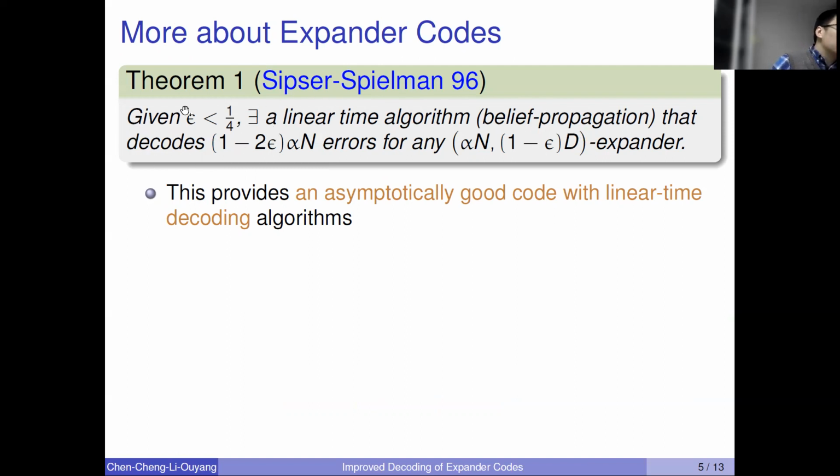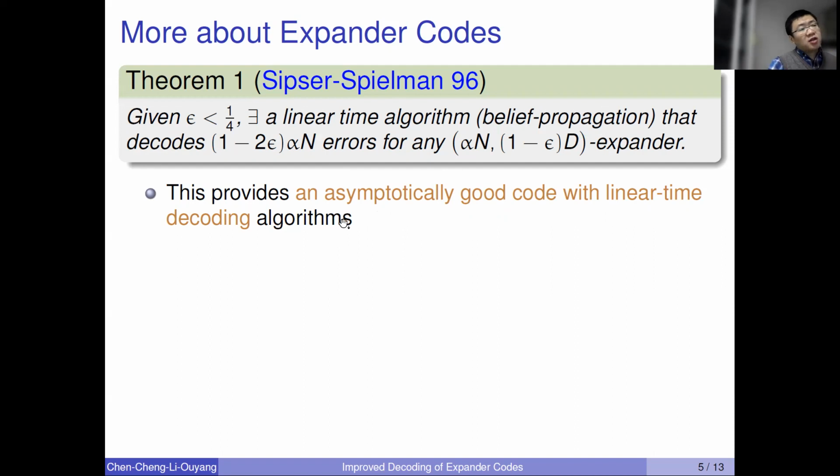Specifically, given the parameter epsilon less than 1/4, the algorithm can decode (1 minus 2 epsilon) times alpha n errors for any expander code where the parameters of the expander are alpha n and 1 minus epsilon times d. The first comment is that this algorithm shows that expander codes are asymptotically good codes with linear time decoding algorithms.